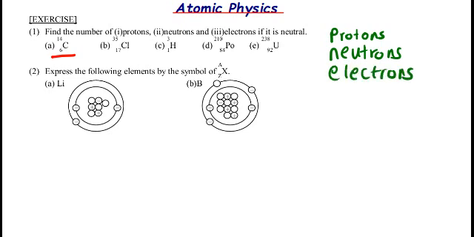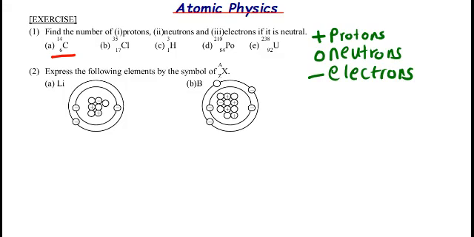We also understand that protons are positively charged, while neutrons have no charge, which simply means that they are neutral, so they have a charge of zero, while electrons are negatively charged.